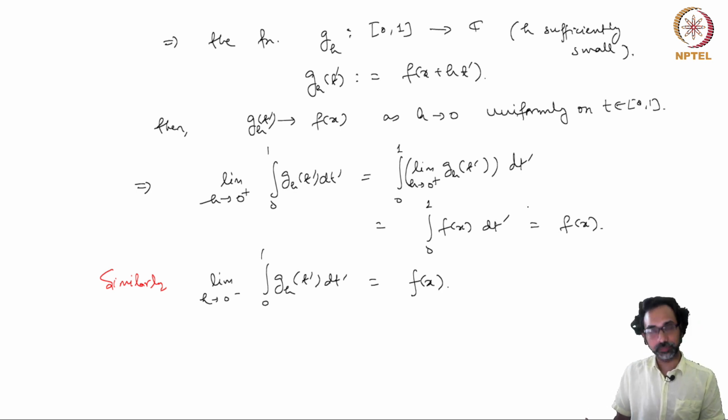So this shows that the function capital F is continuous, and that the derivative of the continuous function capital F is simply small f(x).